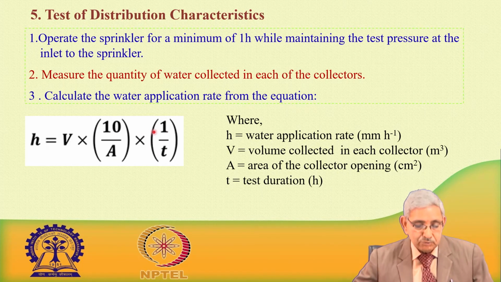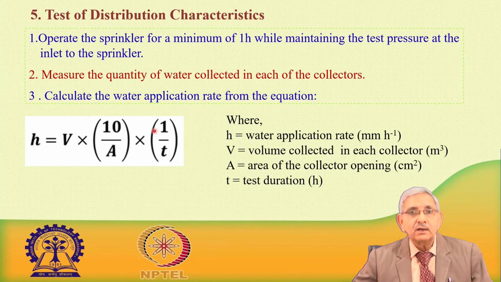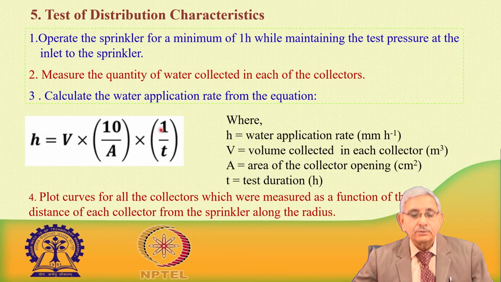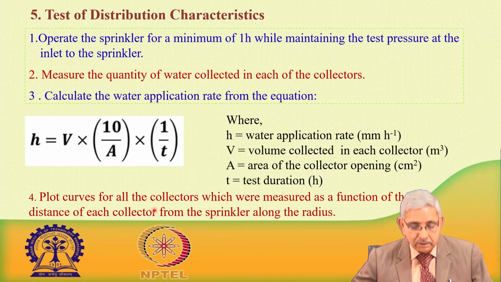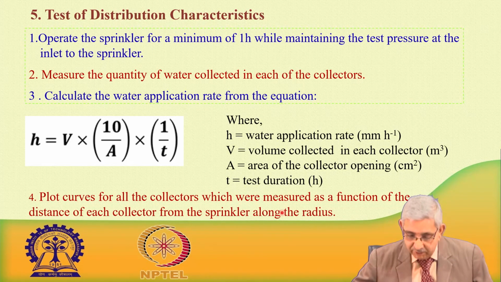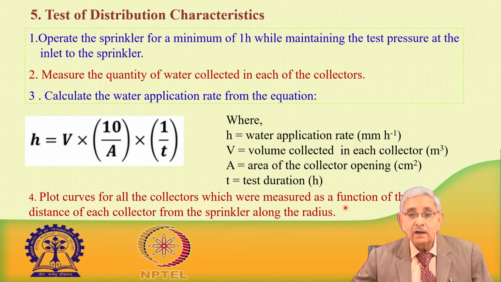So, this will give us the water application rate in millimeter per hour. We need to plot the curve for all the collectors where the observations are made, and this observation is a function of the distance of each collector from the sprinkler, placed along the radius.